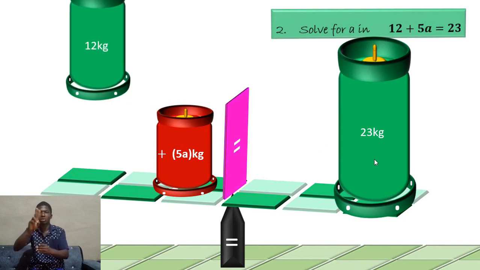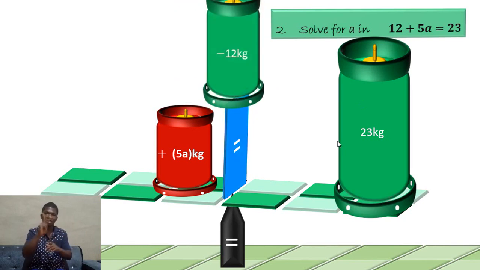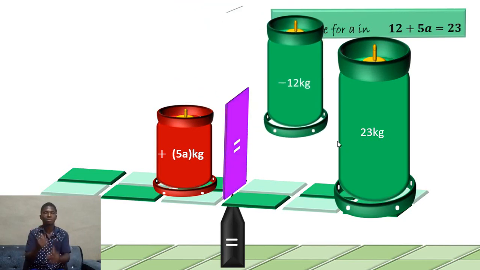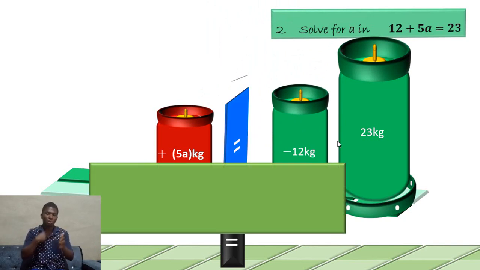Alright, so when it comes, it changes to minus 12 kg. Then bring it down. So analyzing that, we're going to be having 5a equal to, across the equality sign, minus 12 plus 23, because 12 right now has changed.